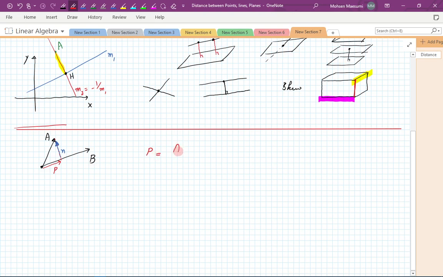P was A dot B over B dot B times B. And the length of P, to make it nice and simple, was A dot B, and in the denominator was the length of B. Let me remind you again, I am using single vertical bars for both absolute value and the length of a vector. So in your textbook this is going to look like this.